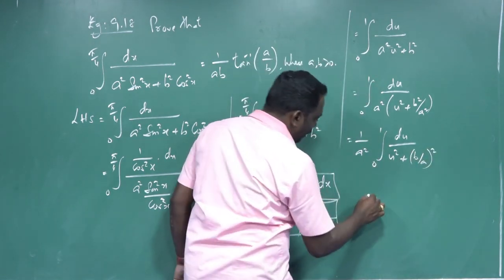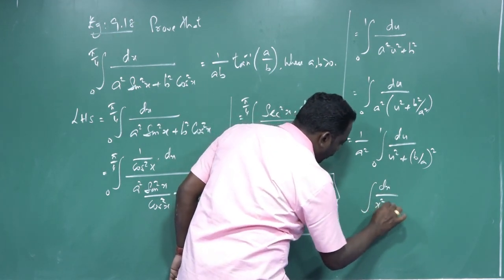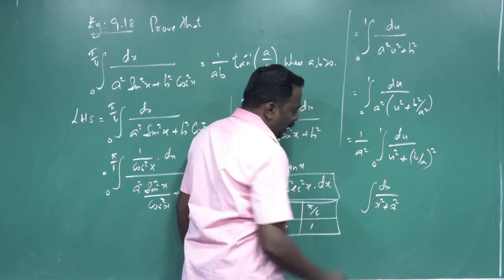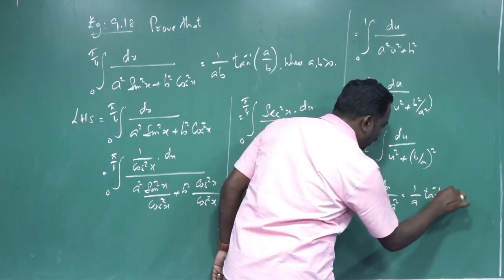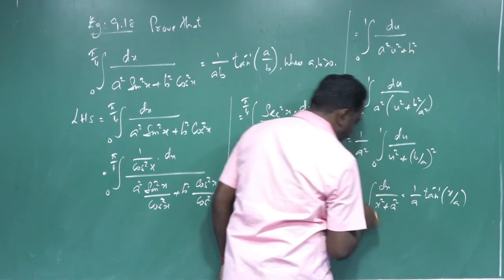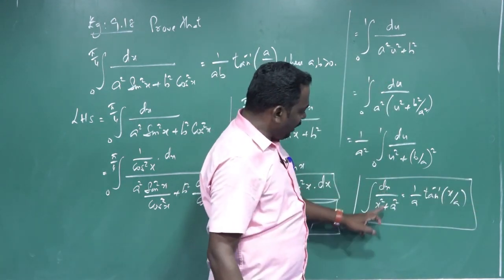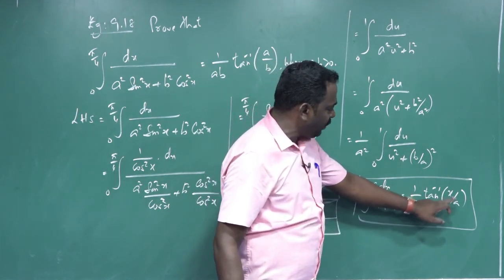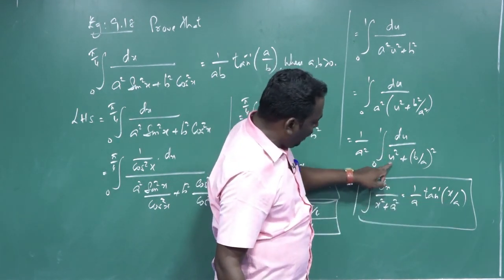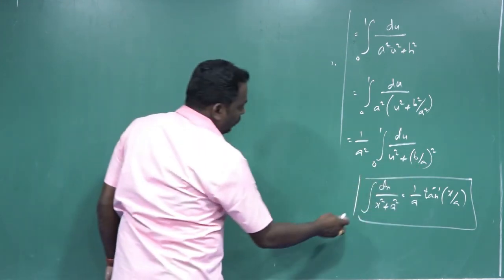Now this integration is in the form of the integral dx by x squared plus a squared, and that is equal to 1 by a into tan inverse of x by a. Now applying the integral formula, integral dx by x squared plus a squared equals 1 by a into tan inverse of x by a. Here x is called u, and a is called b by a. So apply the formula.